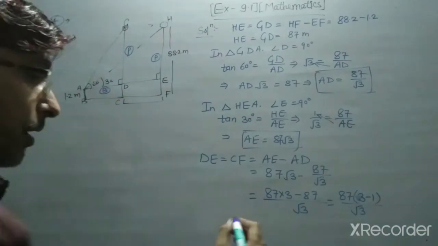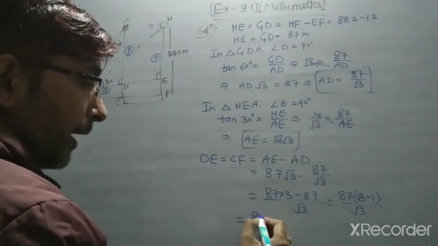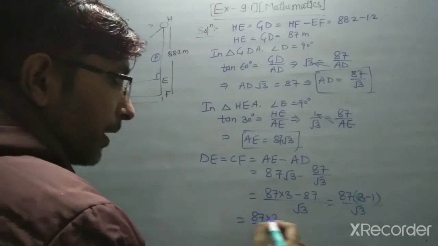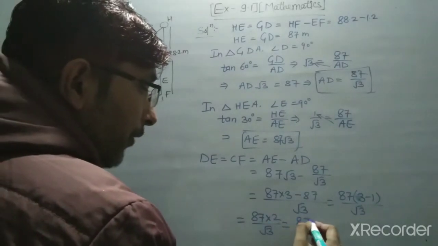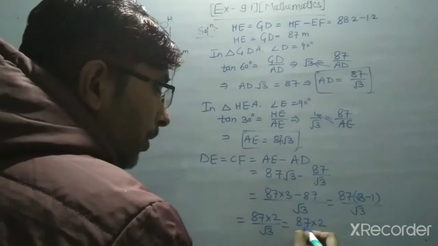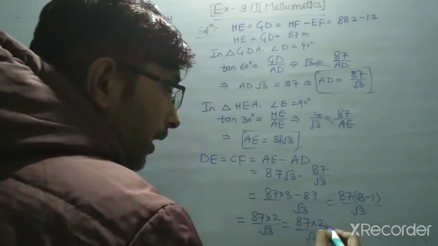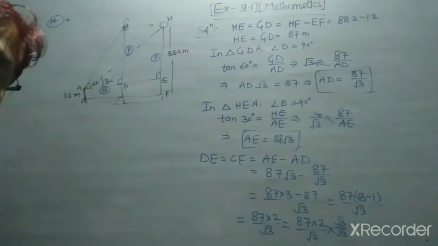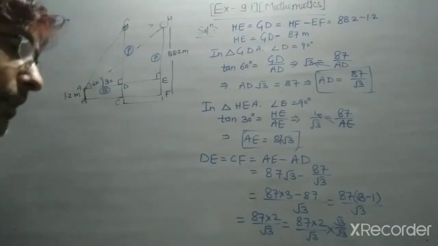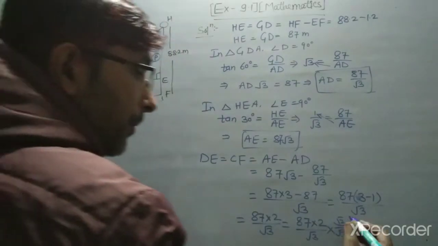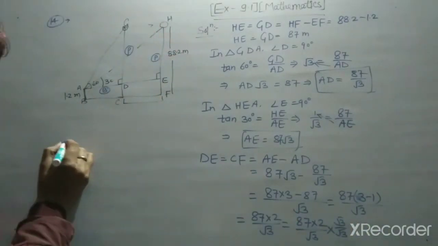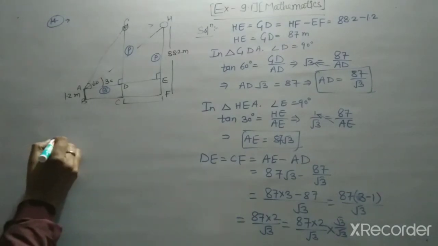Now you have to find the value of 87 into 2 upon root 3. And then 87 into 2 upon root 3 into root 3. Rationalize it. Okay, here you have to rationalize, and then you find the answer. So we write these things here. You have to see here the value of DE.